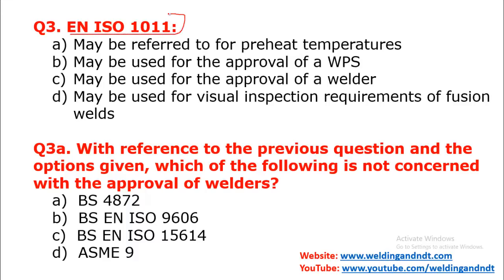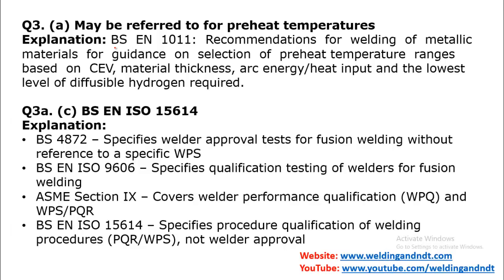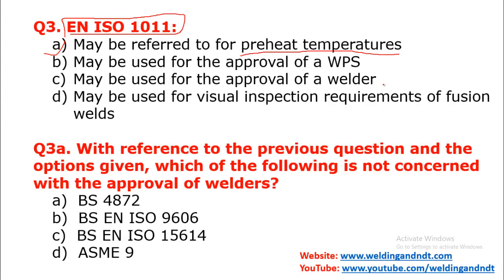EN ISO 1011 can be used for taking out the preheat temperatures, means for referring the preheat temperature. See here, the BS EN 1011 code is there, and its name is recommendations for welding of metallic materials, for guidance on selection of preheat temperature ranges based on CEV, material thickness and arc energy input, and the lowest level of diffusible hydrogen required. So option A is the correct answer.